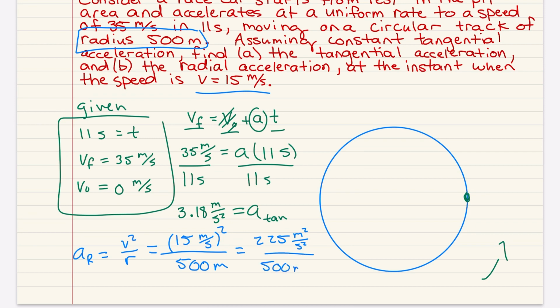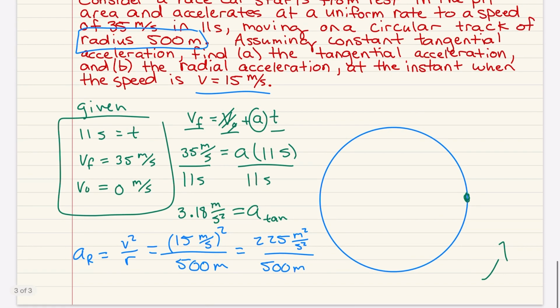Now that 500 meters is going to cancel out one of the meters on top, and it's going to leave us with an acceleration, which is meters per second squared. So I just need to take 225 and divide it by 500. This gives me a centripetal acceleration of 0.45 meters per second squared.